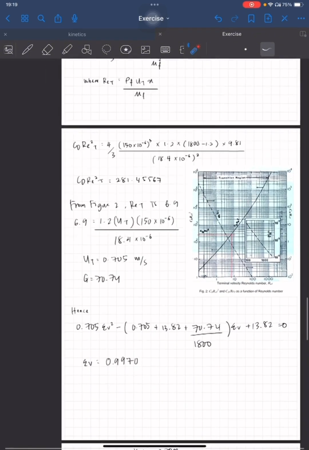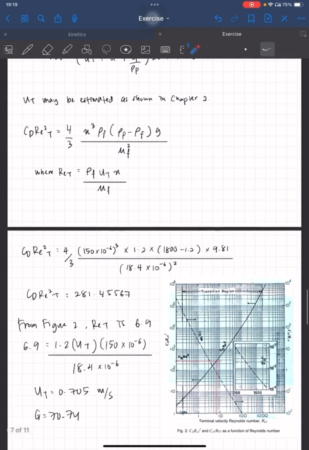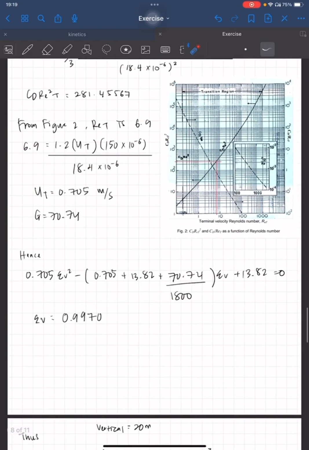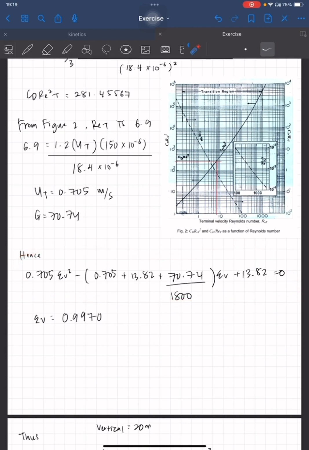Hence, by using the obtained terminal velocity value, we can proceed to calculate the voidage for the vertical section by inserting the value of the terminal velocity in these quadratic equations that we obtained earlier, and then we can get the value of the voidage, which is 0.9970.